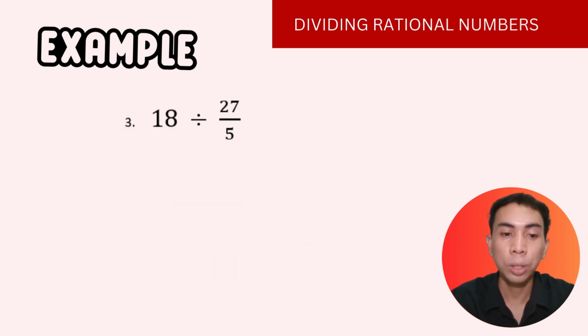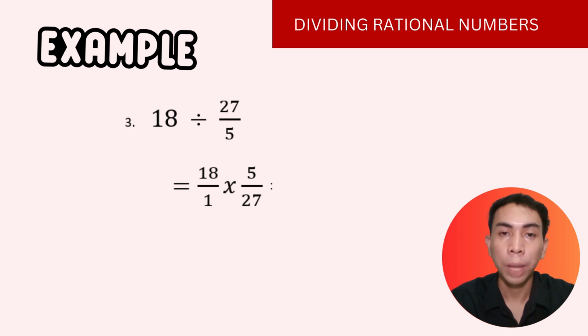For example number 3, given 18 divided by 27 over 5, we can see that 18 is a whole number, so you can rewrite it as a rational number by dividing it by 1. So we'll have 18 over 1 times the reciprocal of the divisor, which is 27 over 5, converted into 5 over 27.